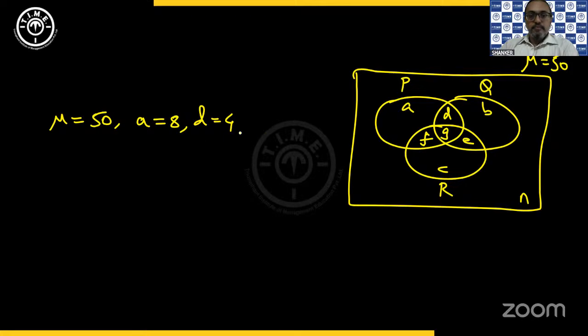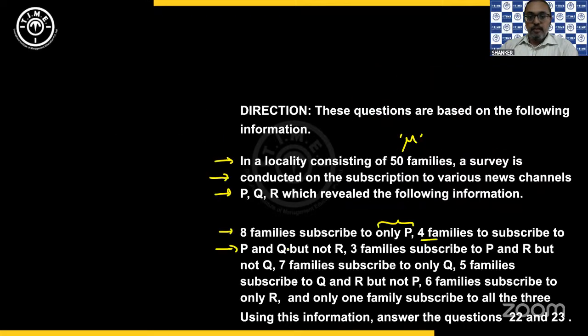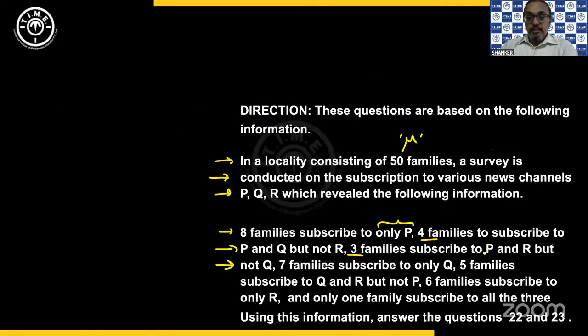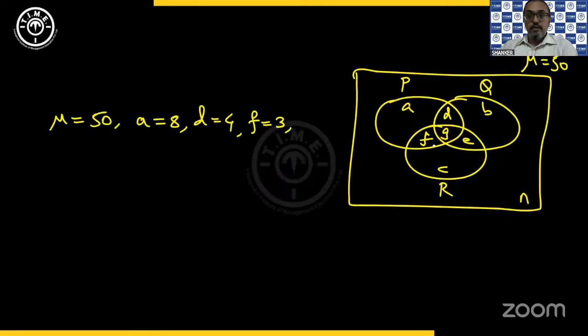Then what next do we have? 3 families subscribe to P and R, but not Q. So he says P and R, but not Q. So F is 3. Then 7 families subscribe to only Q. So only Q is B. B value is 7.